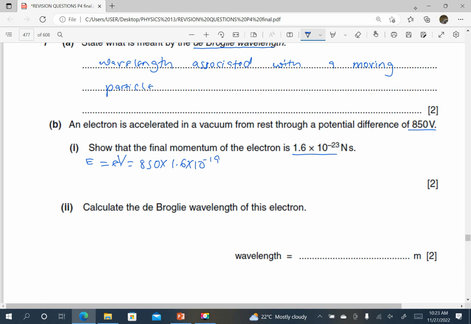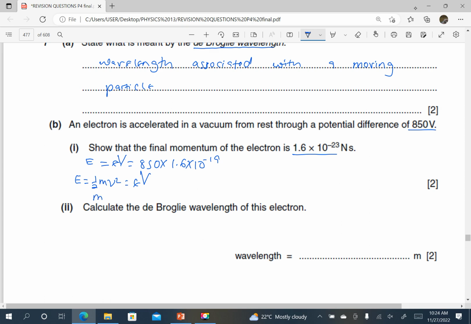Show that the final momentum of the electron is given by that. We know that momentum is m times v, but energy is a half mv squared, which is equal to E times V. So I multiply both sides by 2 and both sides by m.